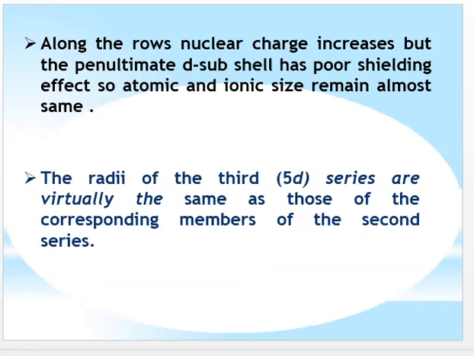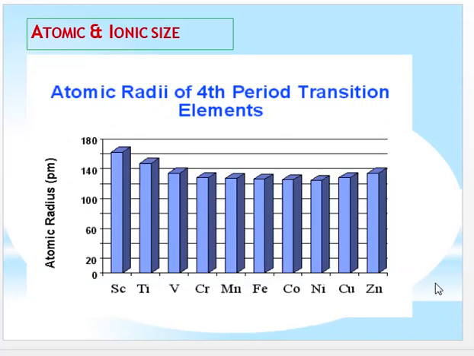Along the rows, nuclear charge increases, but the penultimate d subshell has a shielding effect, so atomic and ionic size remain almost the same. The radii of the third 5d series are virtually the same as those of the corresponding members of the second series.